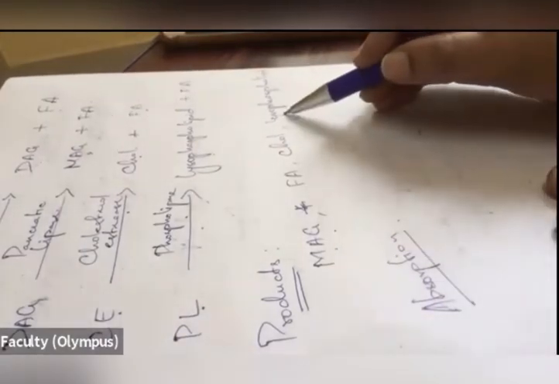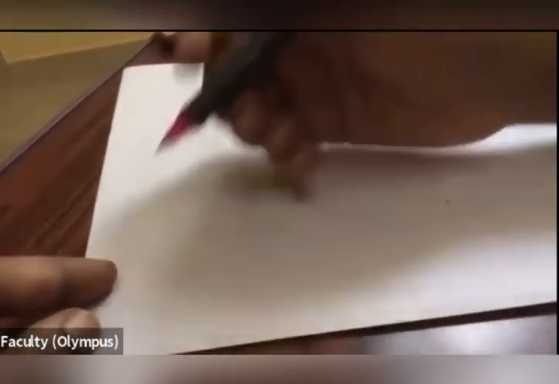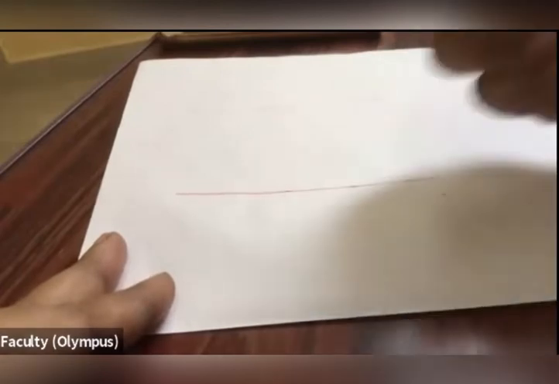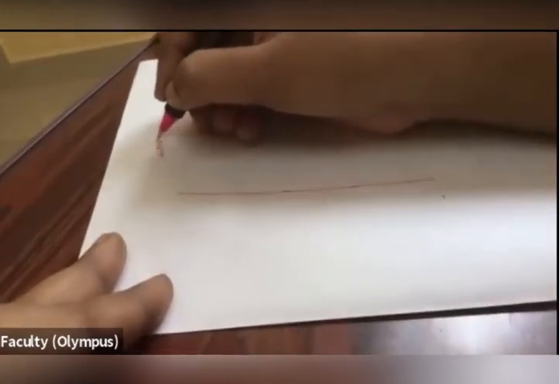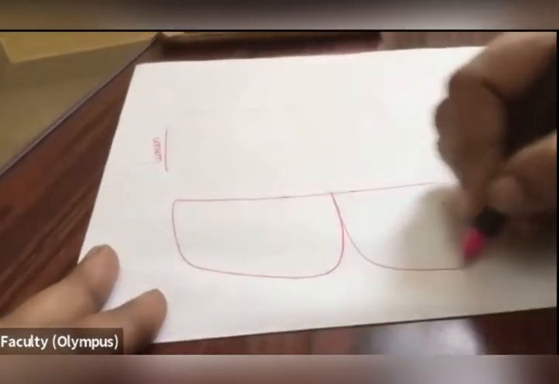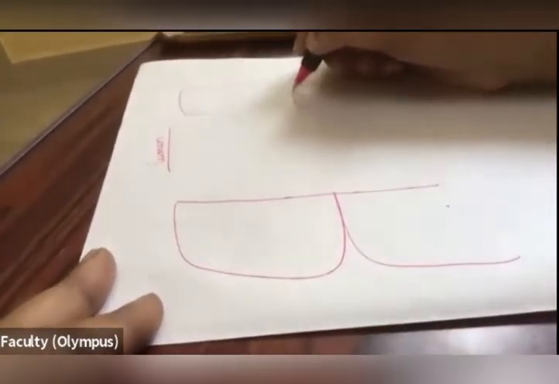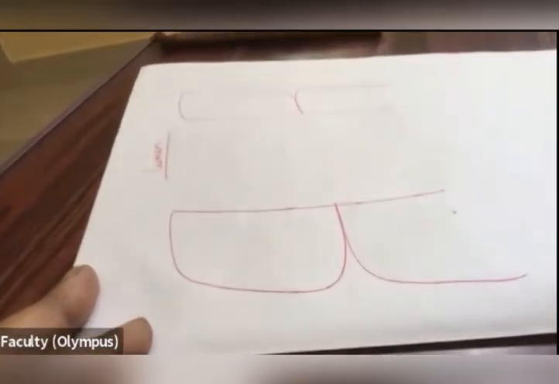Okay, so next we are going into the absorption of lipids, how these are going to get absorbed into the body. Clear? Okay. So let us take this as the intestinal lumen, and this is your intestinal cell.